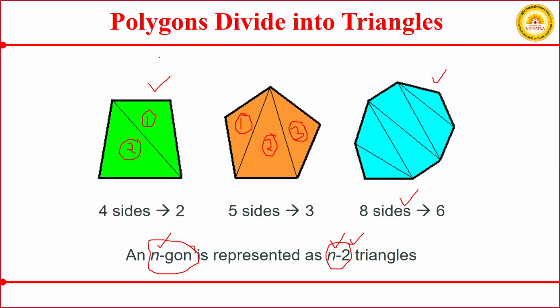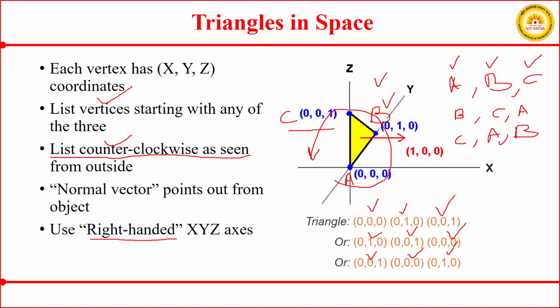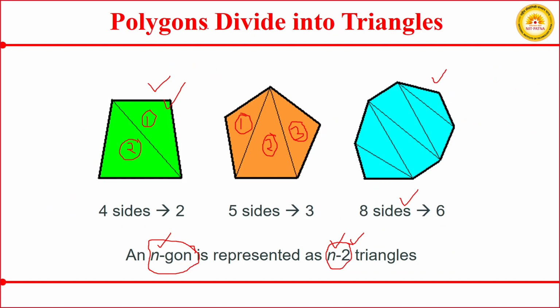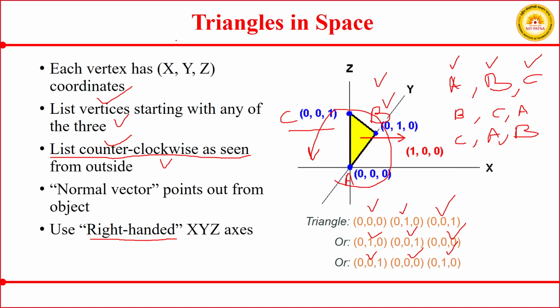Before that, we first have to convert the polygon surfaces into triangles. Then for each triangle you have to list the vertices, taking the counterclockwise direction when seen from outside of that particular polygon or surface, right?